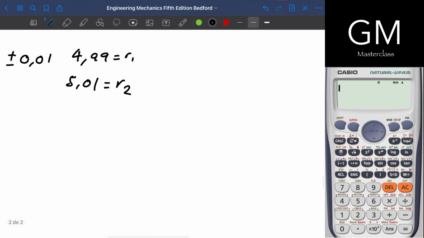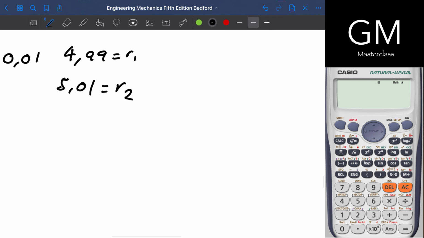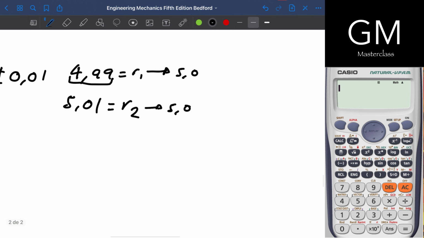So let me explain myself. These two numbers are close to 5, because if I round off these numbers to just 2 digits, I have to transform this one to 5.0 and this one to 5.0. Why is that?